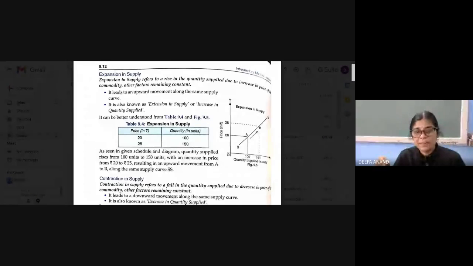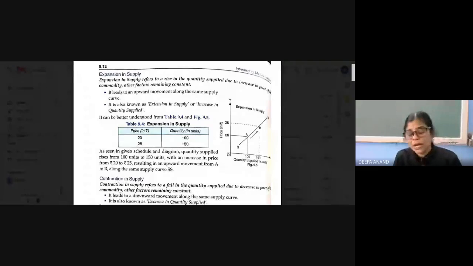When there is an increase in price, if the supply also increases, that is referred to as an expansion in supply. That increase leads to an upward movement along the same supply curve. It is known as extension in supply or increase in quantity supplied also.